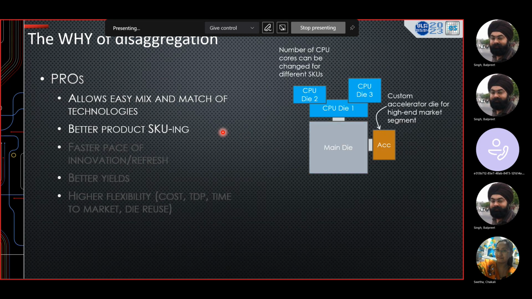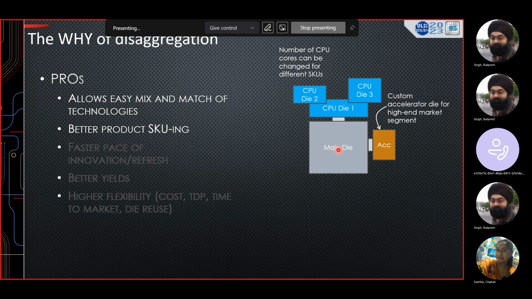Again, I think Biswajit talked about it. It allows you to get a much easier and better product SKU. You don't want to be having products with the biggest number of cores because that will not be catering to a whole range of market segments. So you can get your base die.